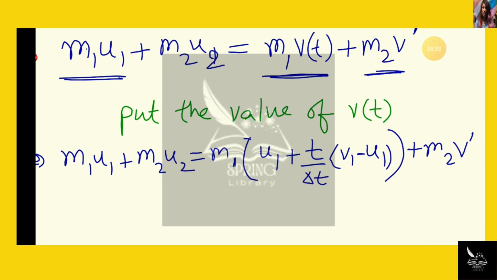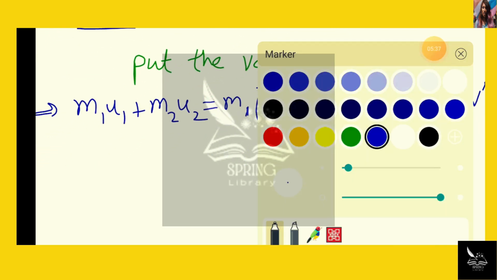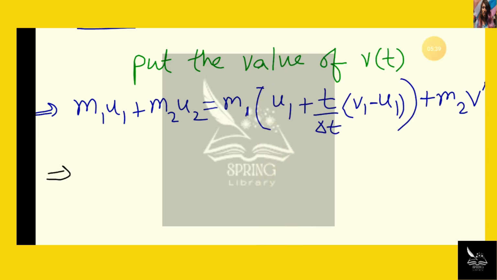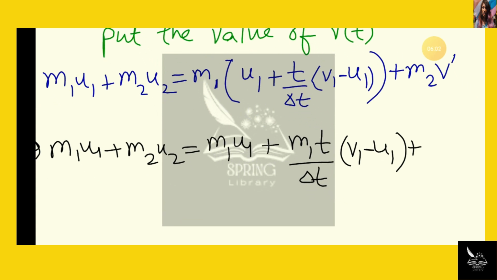Now simplify by removing the parenthesis on the right side: m1 multiplies inside, so it becomes m1 u1 plus m1 times t over Δt times (v1 minus u1) plus m2 v dash.